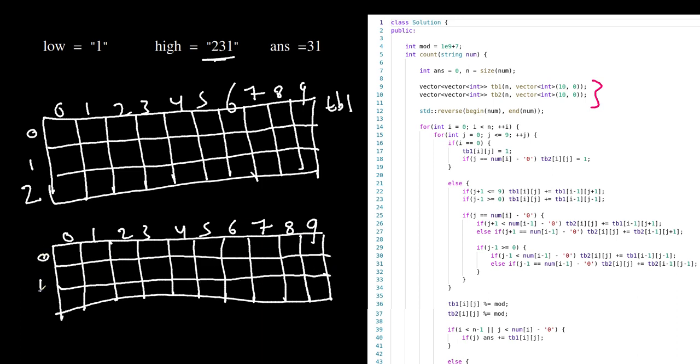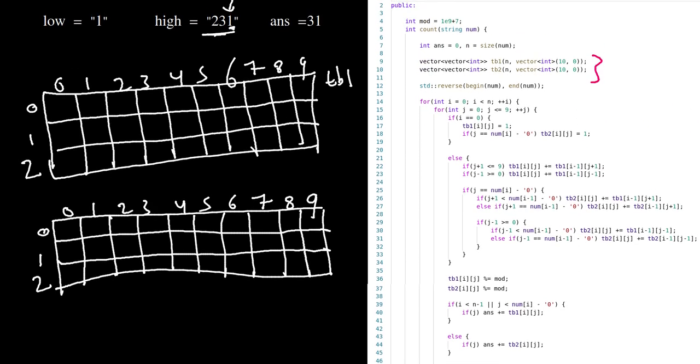Each row represents a digit index. We start with I equals 0. Notice that I equals 0 is at the end. This is why we need to reverse the number first. So 2 3 1 after reverse becomes 1 3 2.